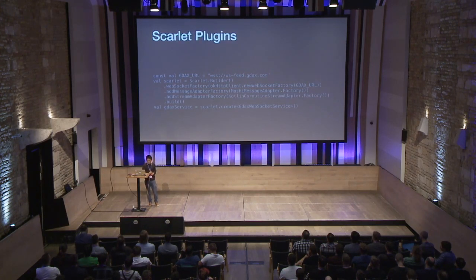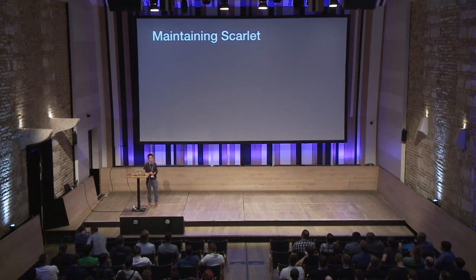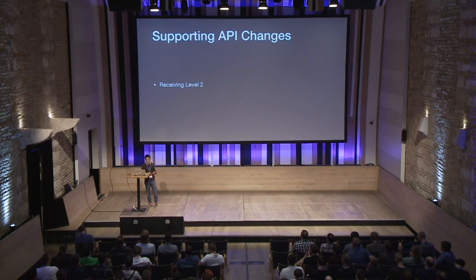And just to recap, we've seen how easy it is to set up Scarlet. And once it's set up, you'll be amazed how easy it is to maintain it and support any changes to the API. Let's say we want to support a new type of message called Level2.